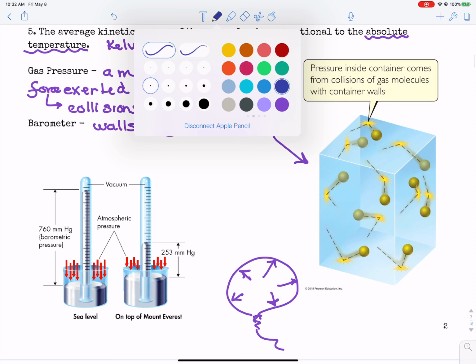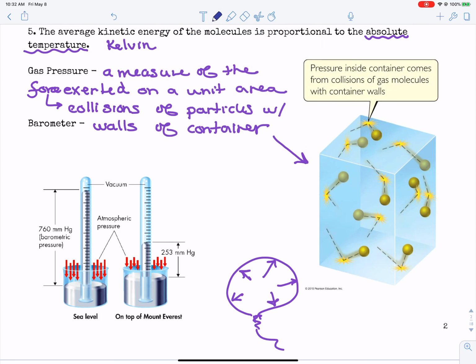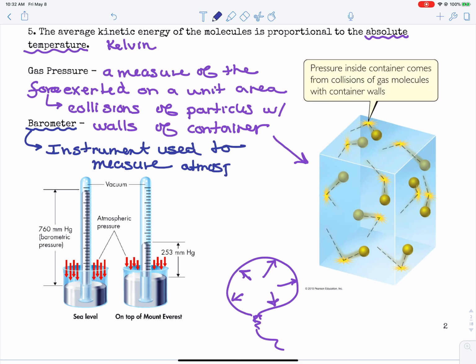How do we measure gas pressure? Well, you may have heard this term before, a barometer. A barometer is just an instrument used to measure atmospheric pressure. You may have heard in a weather report the weather person talk about the barometric pressure.